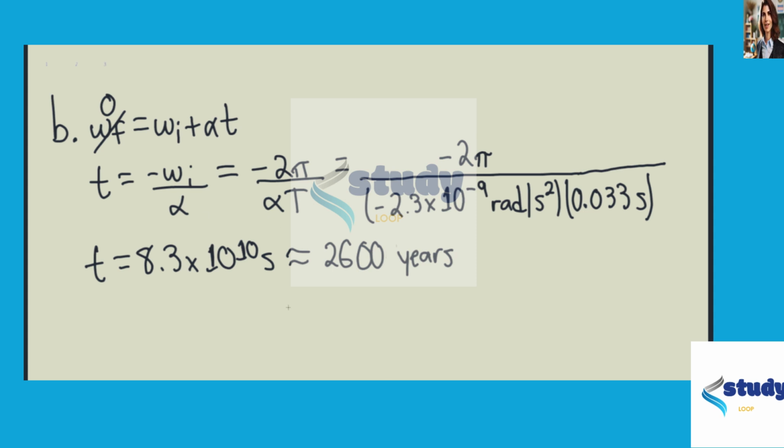Now, for part C, we can say that the pulsar was born 1992 minus 1054. So the pulsar was born 938 years ago.